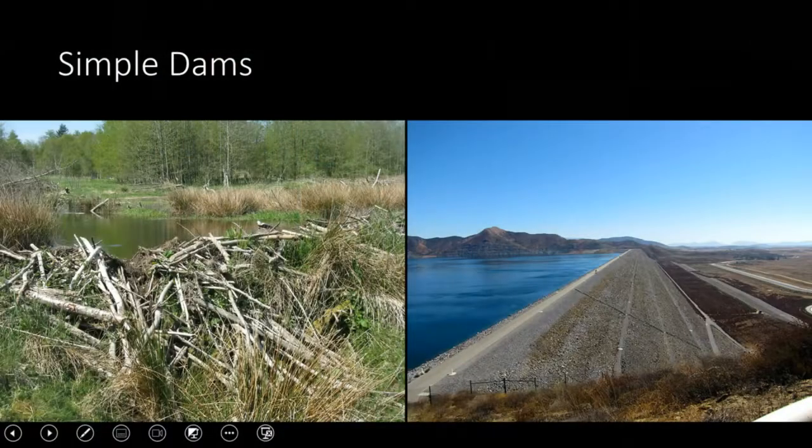Okay, so there we go. Here are the first two sets of simple dams. Now the one on the right you may or may not recognize. This is a beaver dam. It bears similarity to the human dams that we make, but for a slightly different purpose.